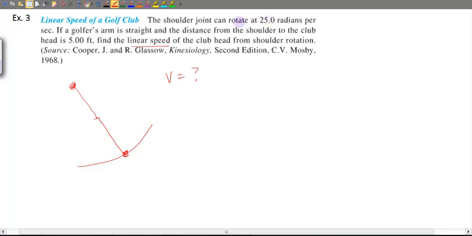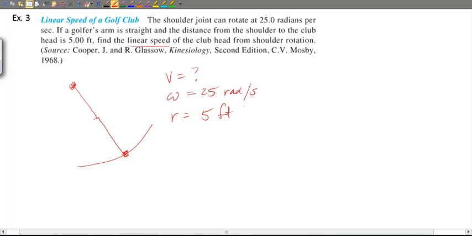We are given that the rotation of the shoulder and ultimately the club, which is the angular rotation, is 25 radians per second. And we know that the golfer's arm from the shoulder to the club head is 5 feet. So that's the radius.